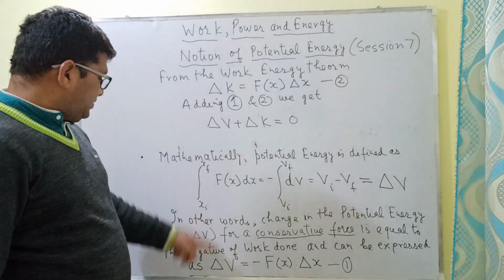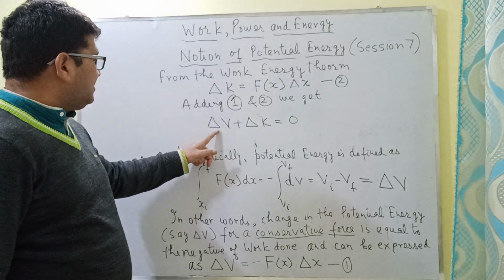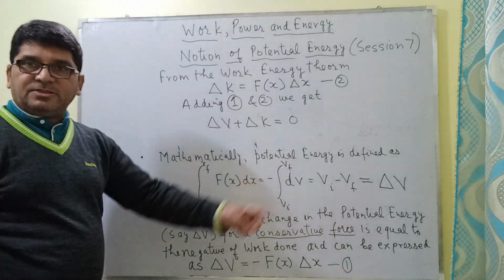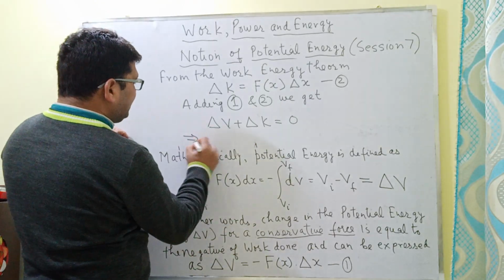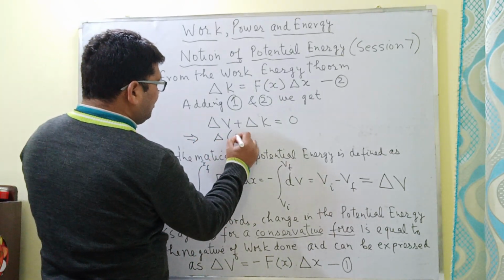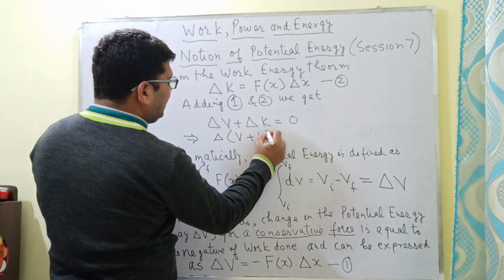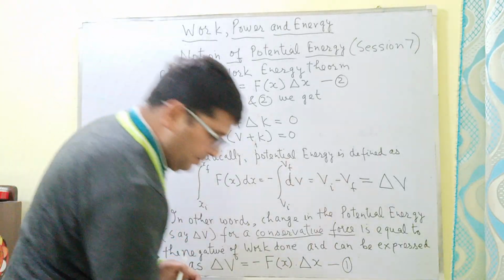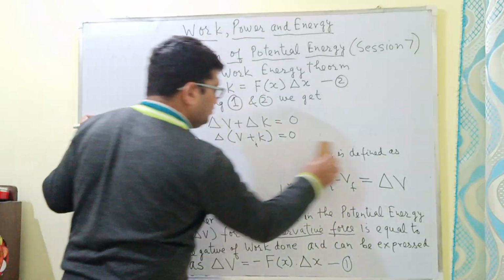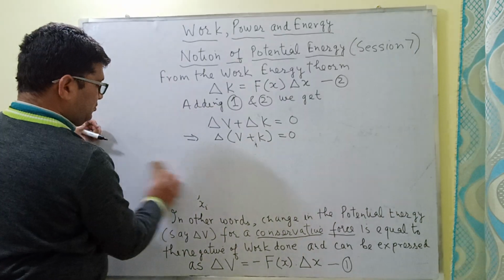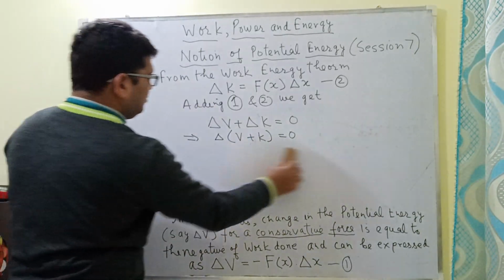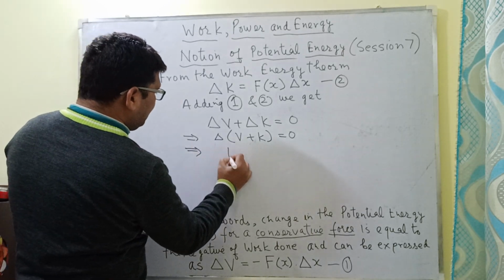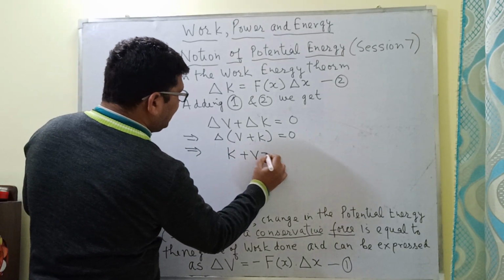So delta V plus delta K is equal to 0, or it can be written as delta (V plus K) is equal to 0. Now, it implies that K plus V is constant.